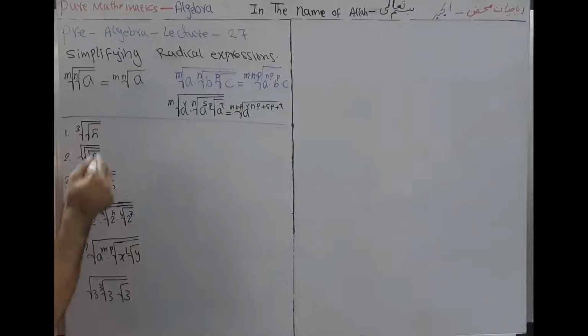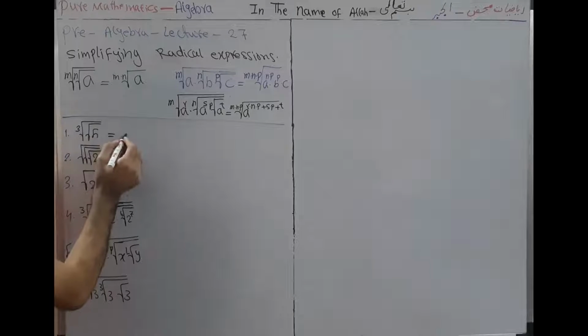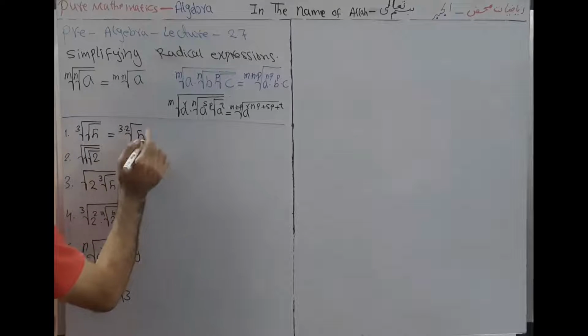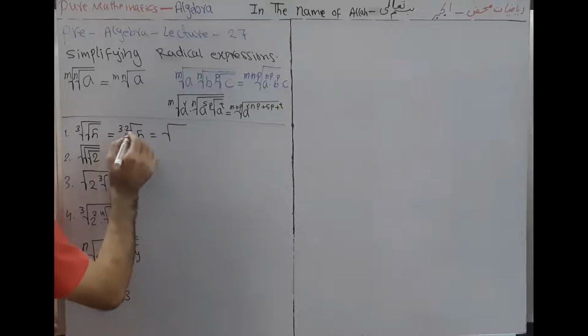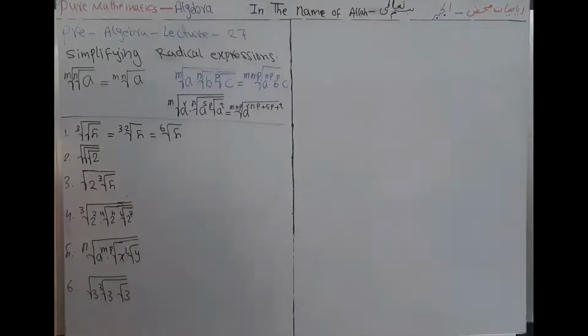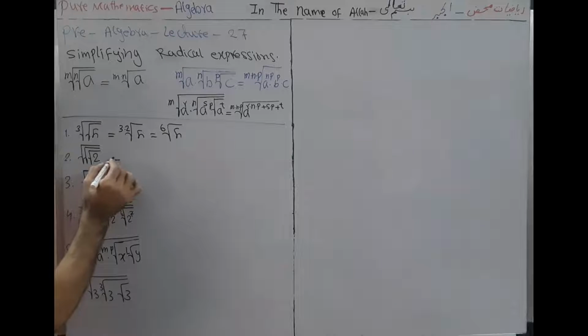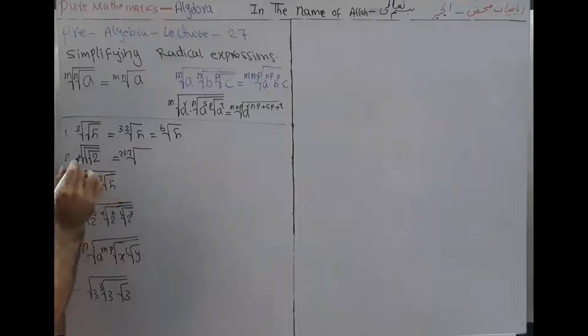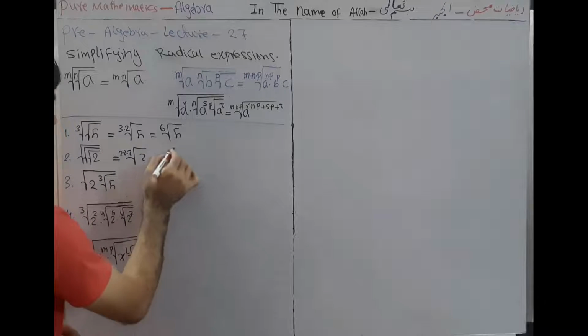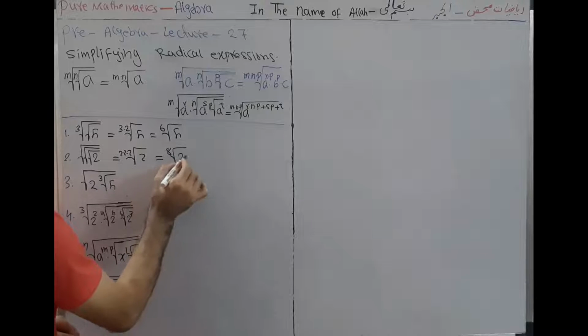Here the first question is equal to 3 multiplied by 2, it is 3, it is 2, 5. It is equal to 3 multiplied by 2, 6, root of 5. 6 root of 5. It is equal to 2 multiplied by 2 multiplied by 2, 2. It is equal to 2 multiplied by 2, 4, multiplied by 2, 8. 8 root of 2.